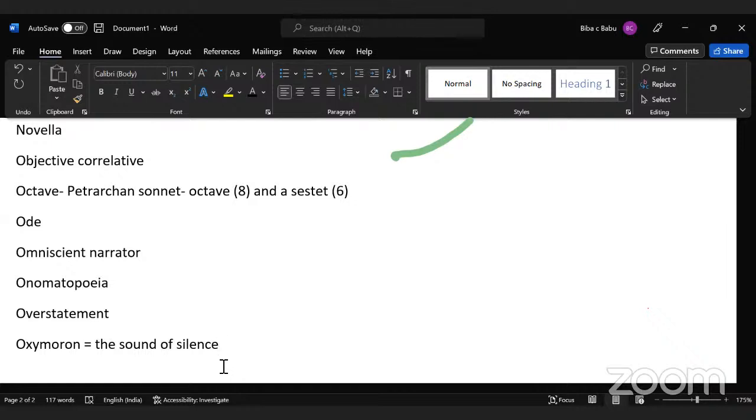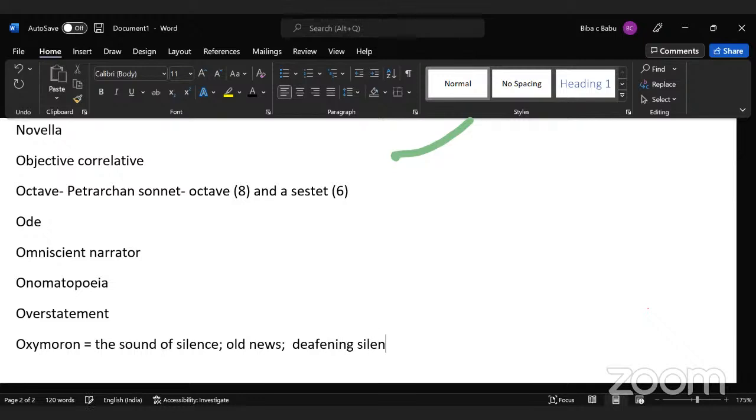Another example: the old news. Do you know the meaning of news is something new? Old news: old and new are opposite, right? That is an oxymoron. I'm just giving examples.